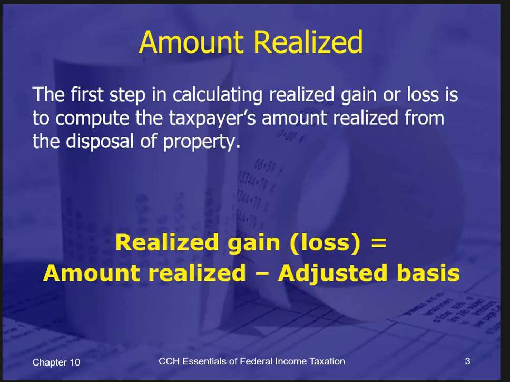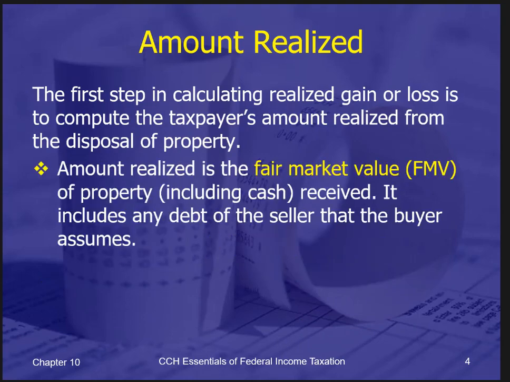Okay, amount realized is the fair market value of everything received. Now, most of the time that's going to be cash. You're going to transfer an asset and you're going to receive cash, and therefore there's no real challenge in calculating the fair market value. That includes any debt the buyer assumes.